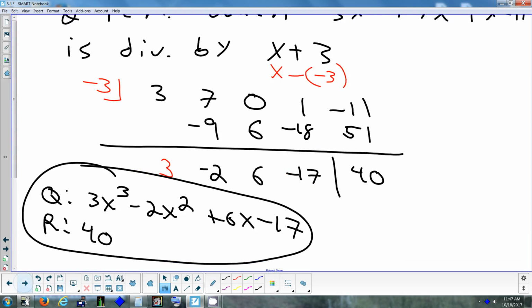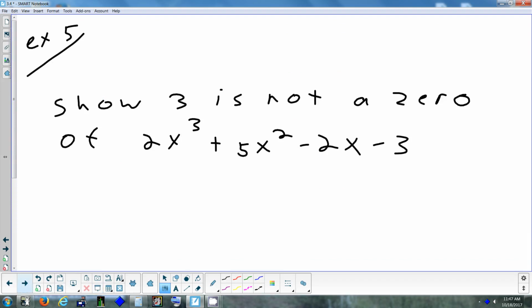Okay, so synthetic division, we don't always use it. You can use long division if you want, but people tend to like synthetic because it's faster. Okay, so this one says show 3 is not a 0. Show that 3 is not a root. Well, what's another way to do that? If 3 is not a root, what is not a factor?